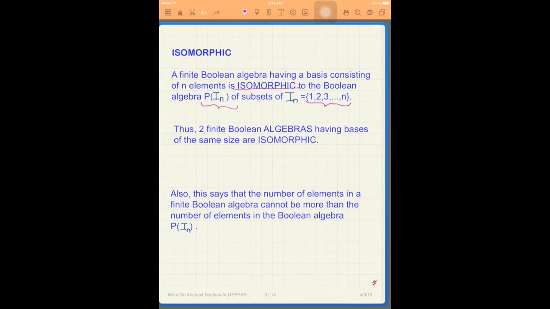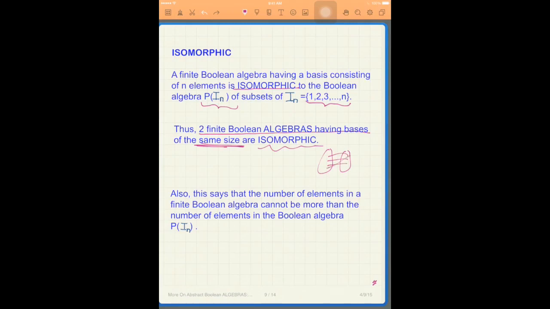So if you have two finite Boolean algebras with bases of the same size, then I know that they're going to be isomorphic. Because remember, the basis generates everything else besides the zero element, so you're going to have a nice mapping from one set to the next set.